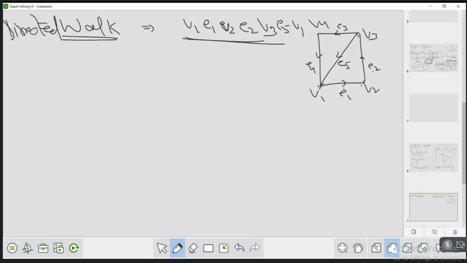First one is directed walk, and the other is undirected walk. This one is the directed walk.